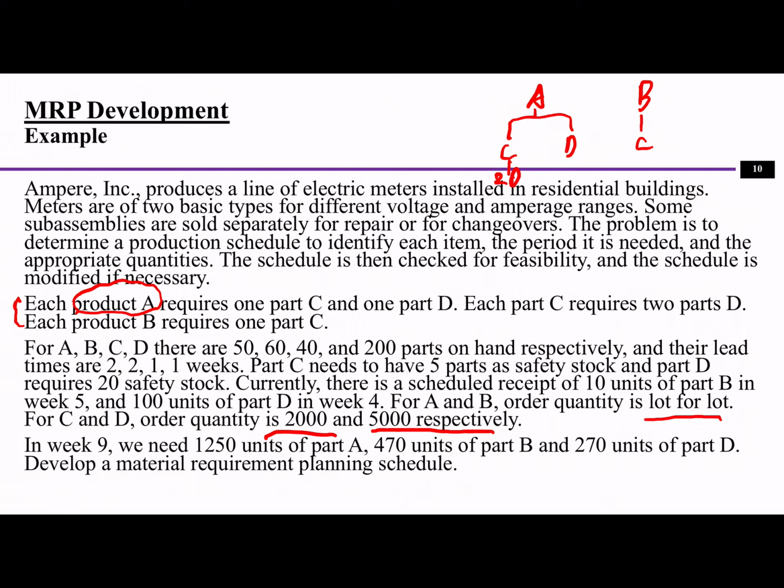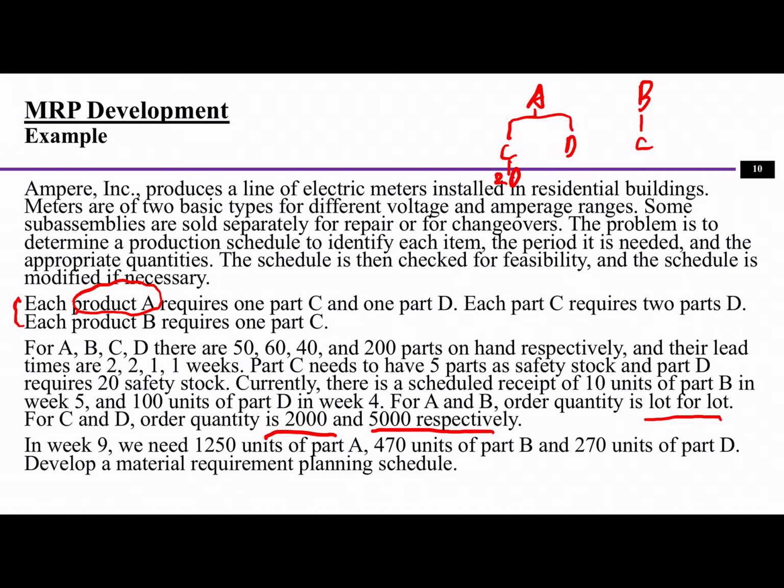If I only need 1,999, I order 2,000. If I only need 1,000, I order 2,000. If I need 2,000, I order 2,000. Same with D. Even though I only need one D, I still need to order 5,000 parts. All right, so this is how it works with fixed order quantity.